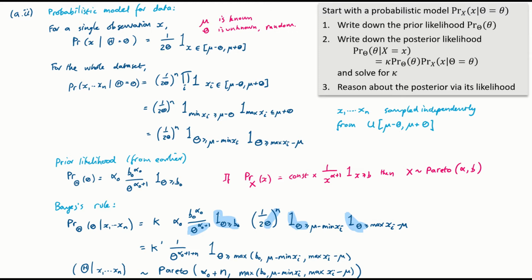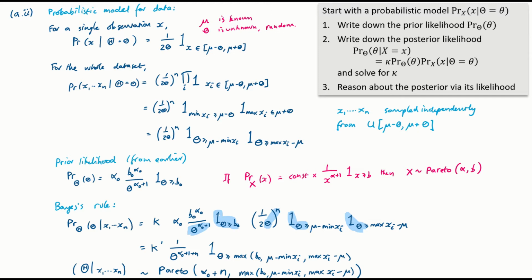Now this is the nifty thing about indicator functions. So I've got indicator that theta is above or equal to b, indicator that theta is above or equal to mu minus the min of the x's, indicator that theta is above or equal to the max of the x's minus mu. The only way that I can get 1 out of multiplying those three indicators together is if all of the conditions are true simultaneously. In other words, if theta is above or equal to the maximum of those three values.